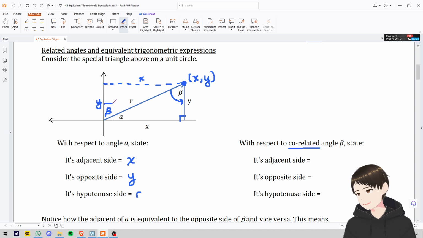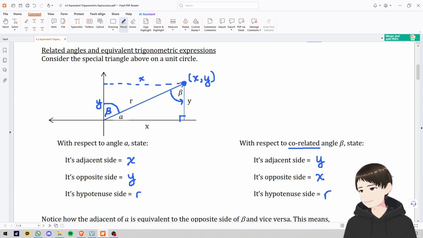If this is my angle, what's my adjacent side? It's going to be the side that's right next to it. It's y. For my correlated angle, what's my opposite side? The side furthest from the angle. It would be x. And the hypotenuse would still be r.